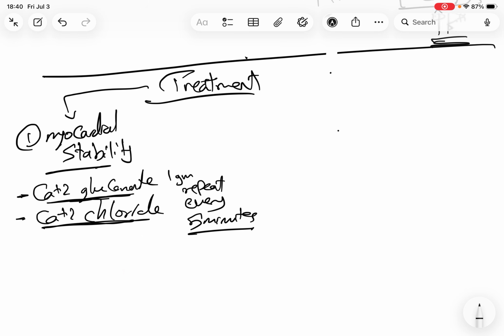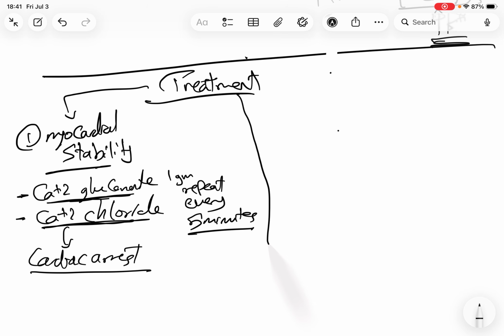Calcium chloride, we give only in cardiac arrest because calcium chloride has more calcium in it and can be irritating to the veins, so we don't like giving it in non-life threatening conditions.